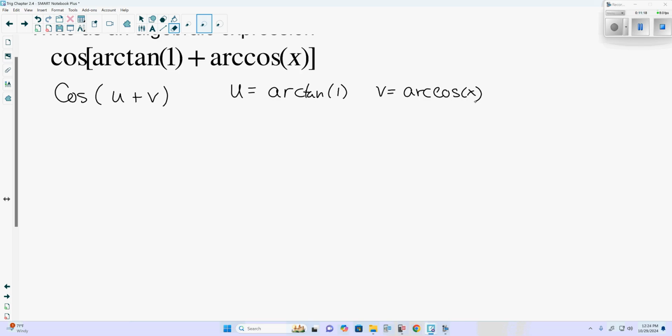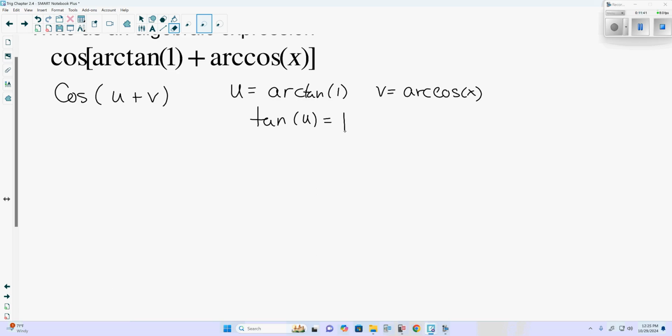Now, out of the two of these here, one of these is going to be nicer than the other, and that's the arctan of 1. Because our angle u equals arctangent of 1 is really just telling us that tangent of u is equal to 1. Tangent of u is equal to 1, or positive 1.